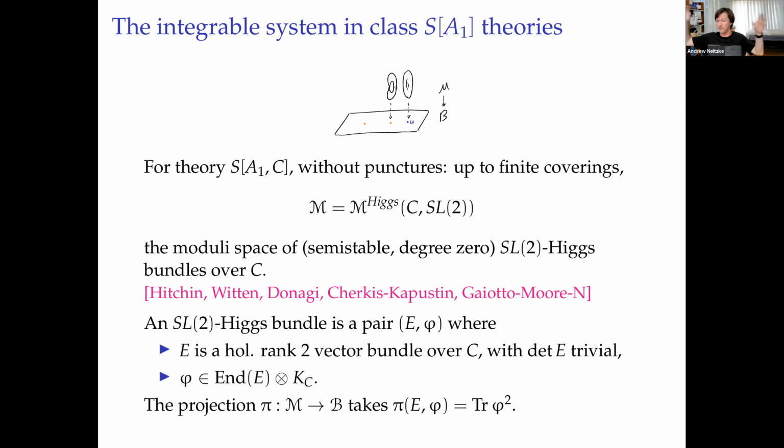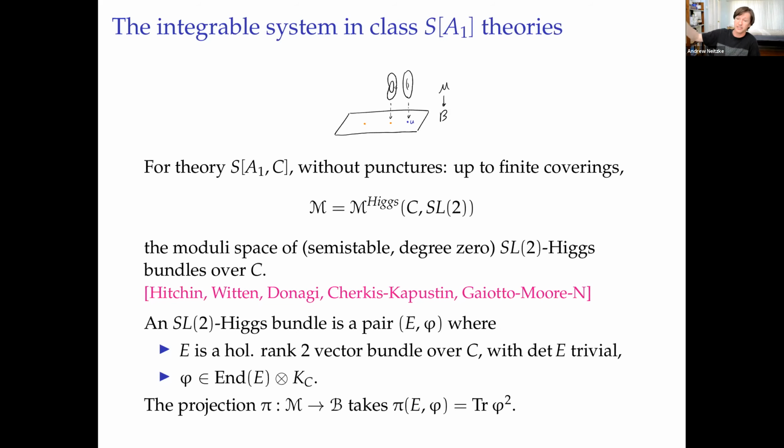Phi is a global one-form valued endomorphism of the vector bundle. So M, our complex integrable system, is the moduli space of those Higgs bundles. And it's supposed to have a projection to the moduli space of meromorphic quadratic differentials. What is that projection? Well, given the Higgs bundle E and phi, I have my one-form valued endomorphism.